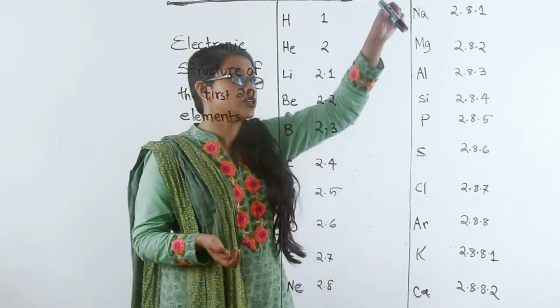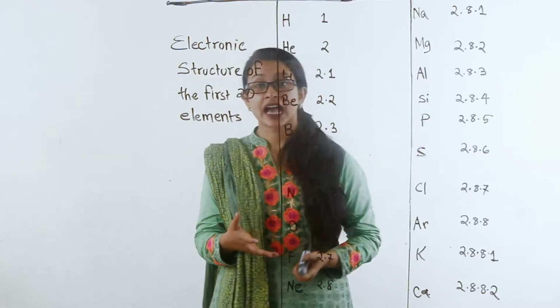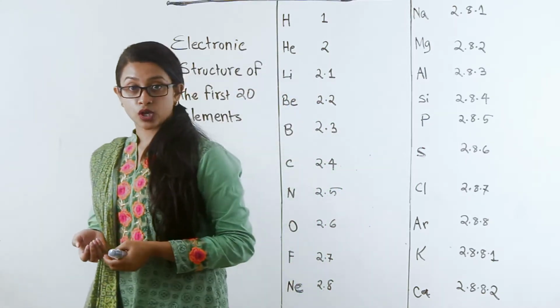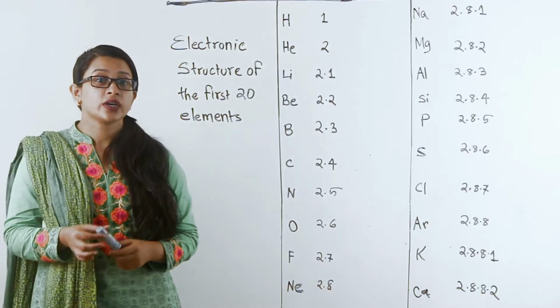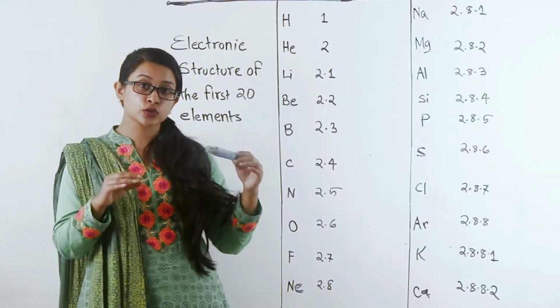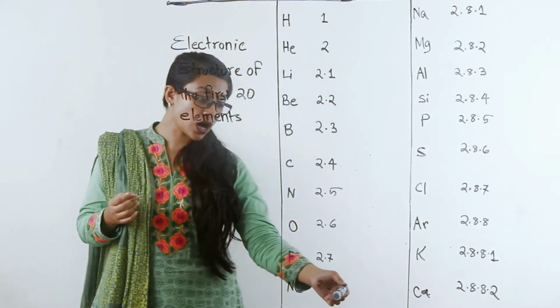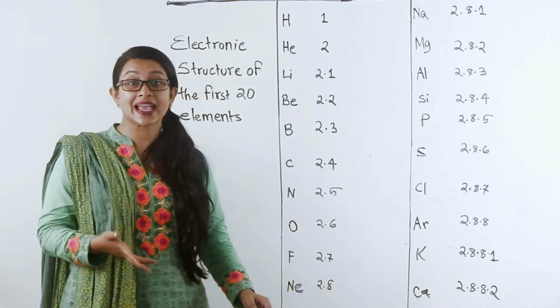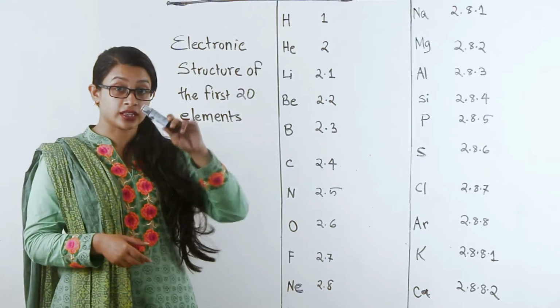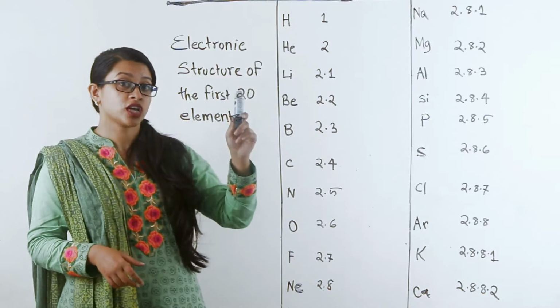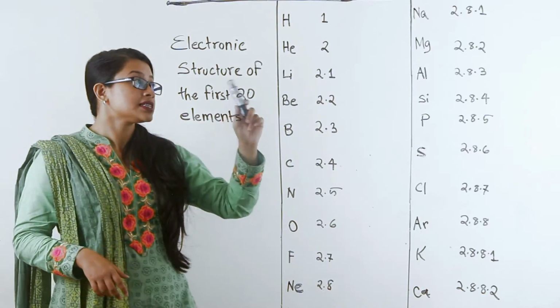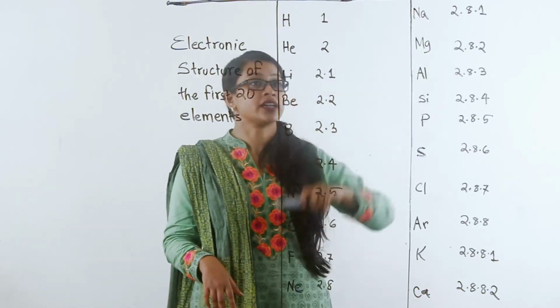So here you have sodium, which has an atomic number of 11. In the case of 11, the first 2 shells are filled up exactly like neon, to 2 and 8. And then you have 1. That 1 electron goes into the third shell. See? 2, 8, 1.